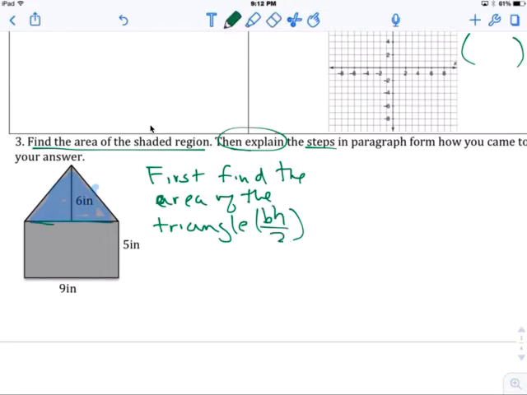Same thing, base times the height. This base is 9. Base times this height, which is 9 times 6 divided by 2. You get your answer of 27 inches squared.